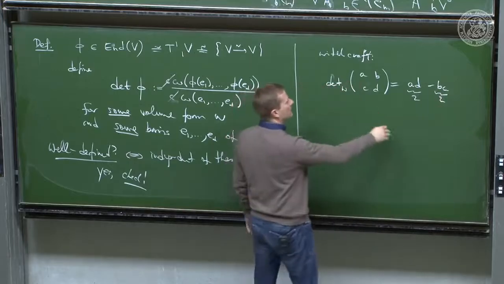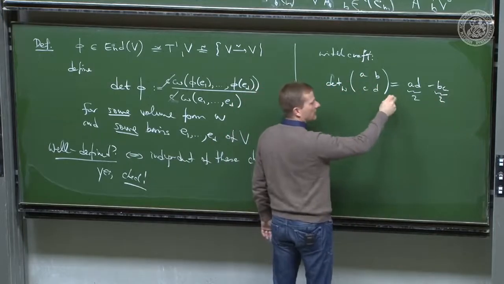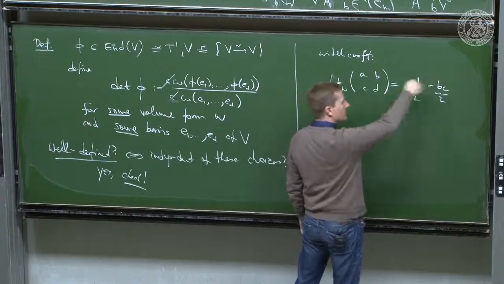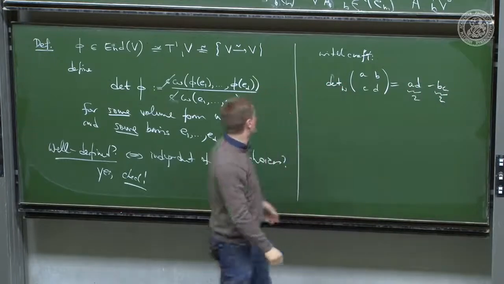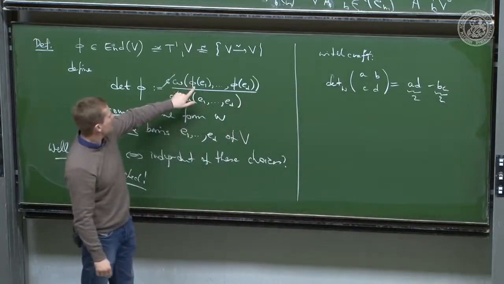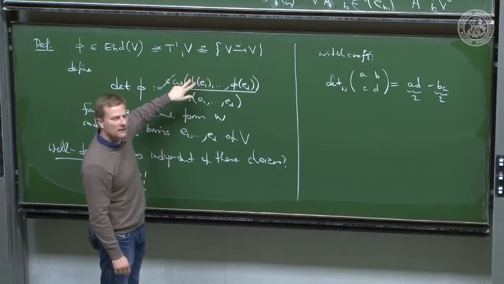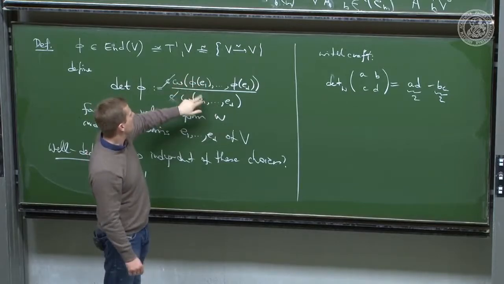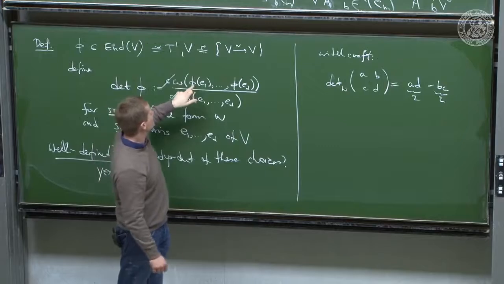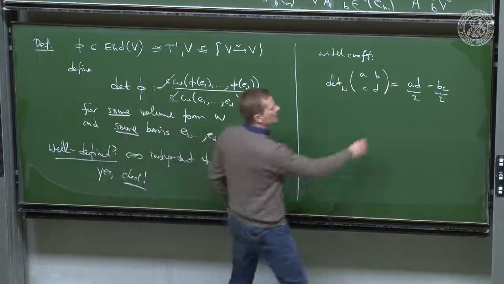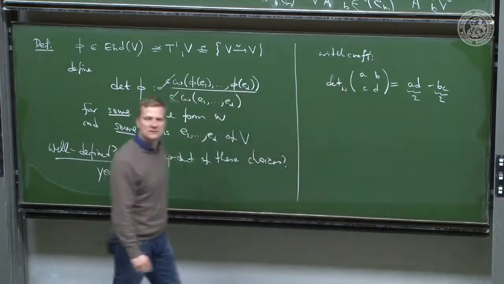If you have a 3 by 3 matrix, you have ADM or whatever, minus, and then come all the other products. There's always this power. Well, you see this here, because every phi of E1 gives you one component of phi, with a vector again, and then the omega eats d many of those, and that is why the corresponding powers appear here.